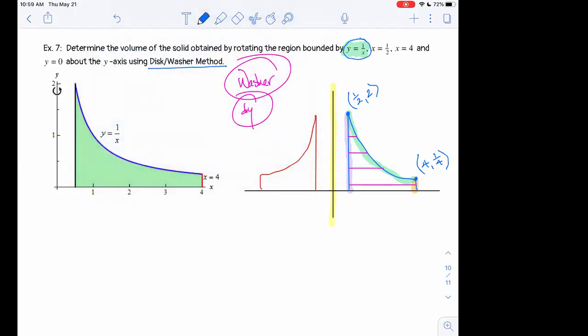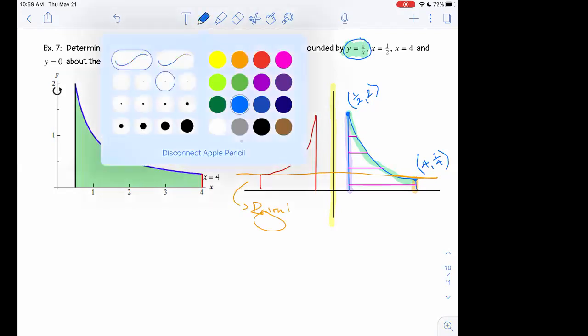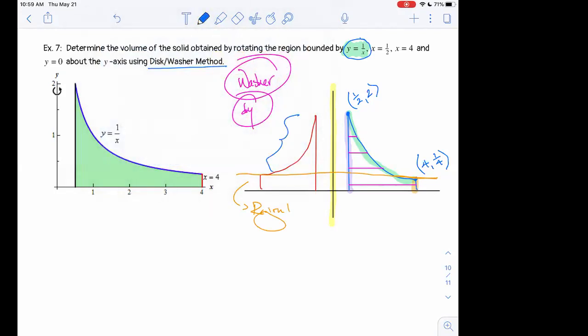Okay. So here's what we're going to do. We're going to take everything below this orange line, and we're going to call that region 1. And then we're going to take everything above that orange line, like this part, and call it region 2.